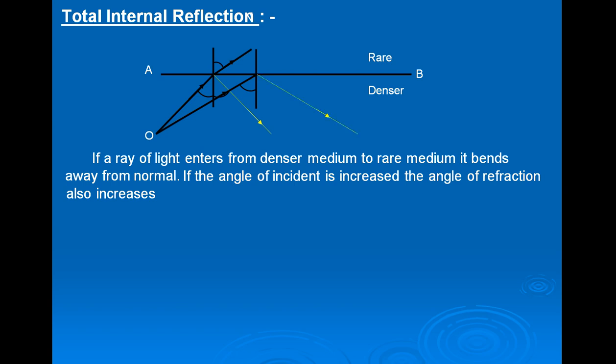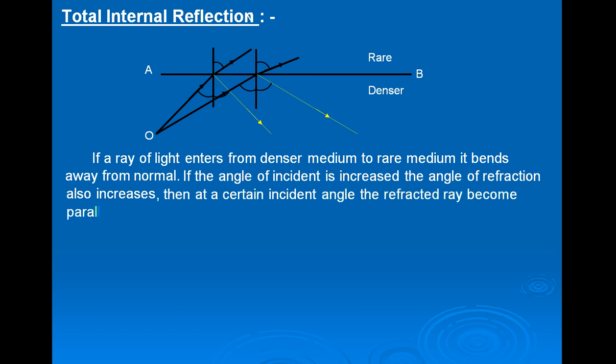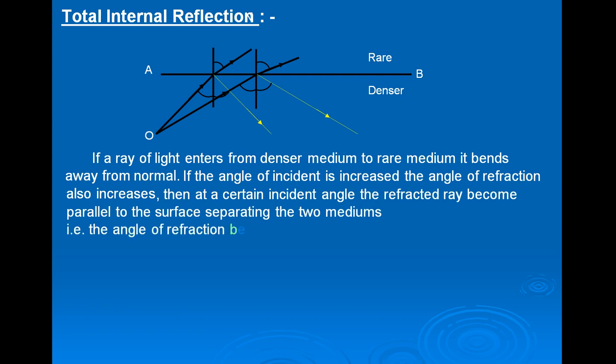Again some part of it returns back in the same medium, and the remaining part enters into the second medium and bends away from the normal. Then at a certain incident angle, the refracted ray becomes parallel to the surface separating the two media. That is, the angle of refraction becomes 90 degrees.